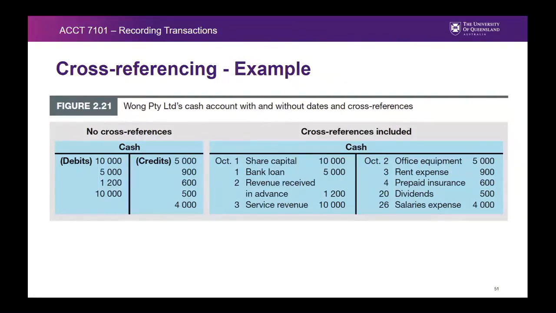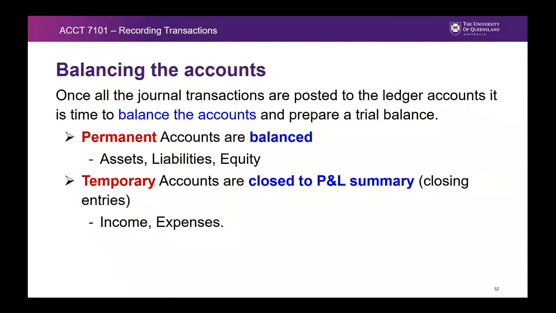What we're interested in, of course, is adding up all the debits on the left and all the credits on the right. And then we have a closing balance. That closing balance goes into our trial balance, which we'll look at shortly. So there's a process called balancing the accounts. Once we transfer all the journal information into the ledger accounts, we have to balance the accounts.